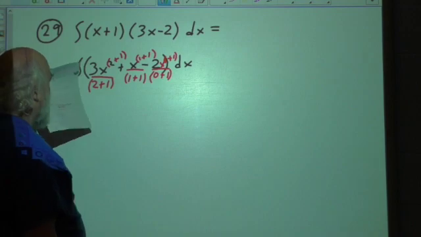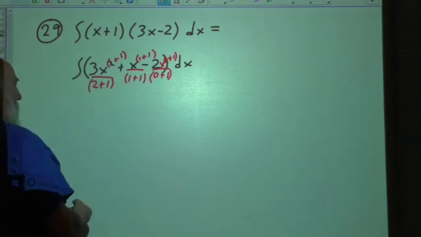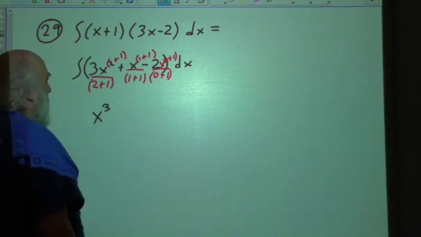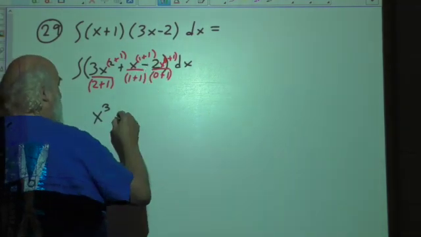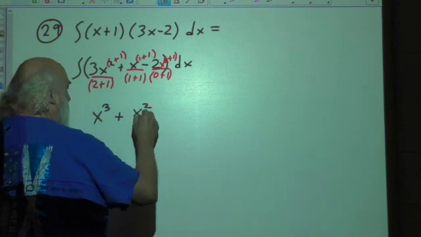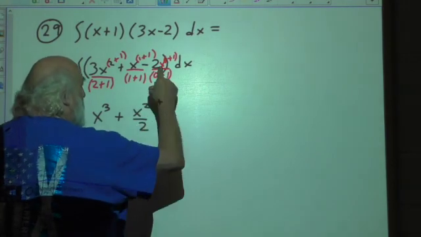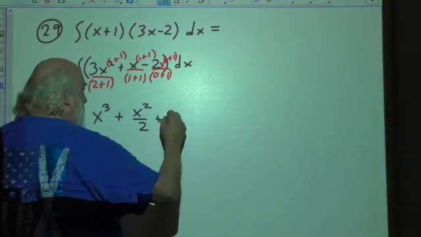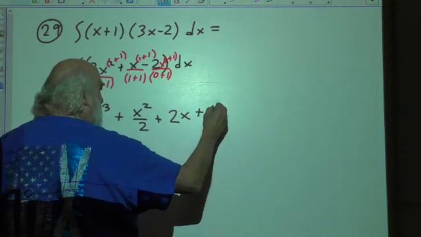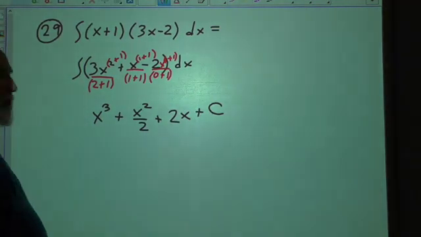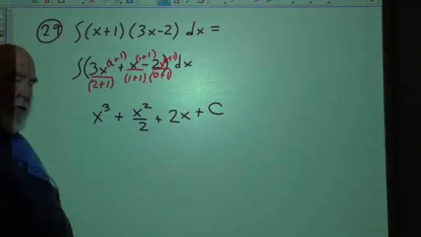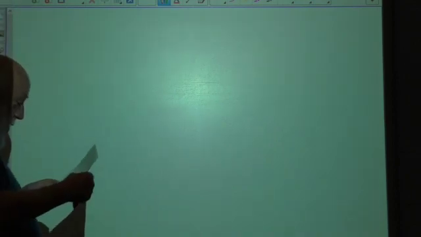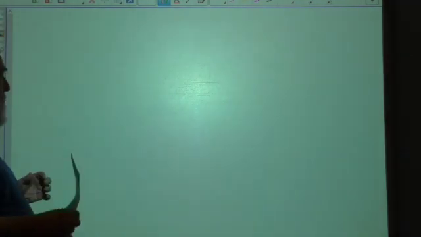So this gives us 3 over 3, which is 1, so that's x cubed. This becomes x squared over 2 plus 2 times x to the first power over 1, which is just 2x, plus c. Okay? Alright. And, yeah, I think we'll just leave it right there.